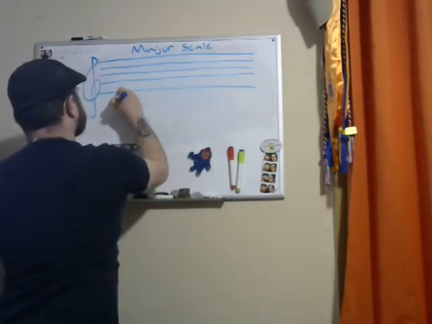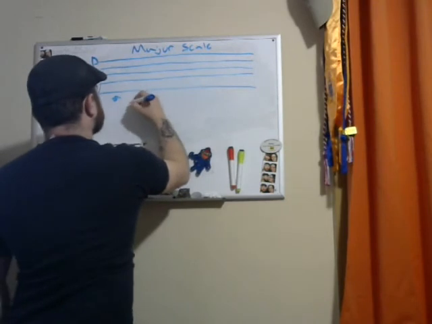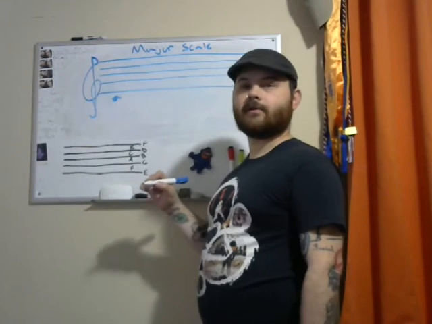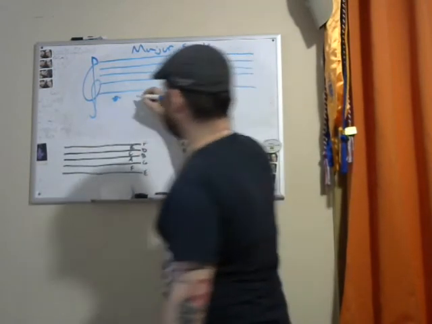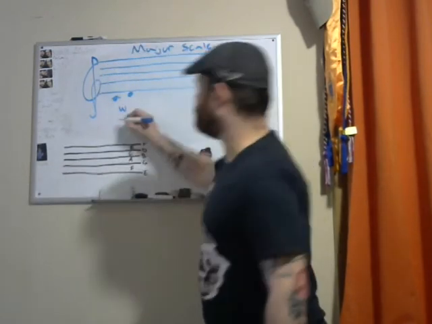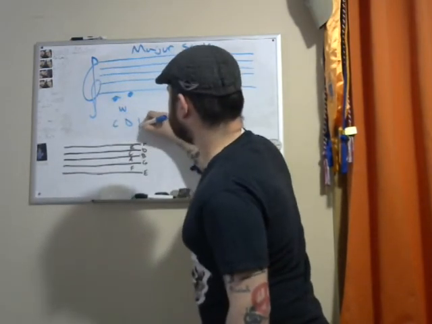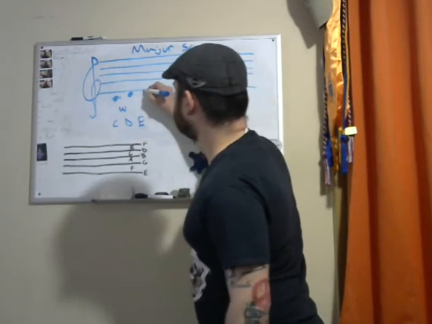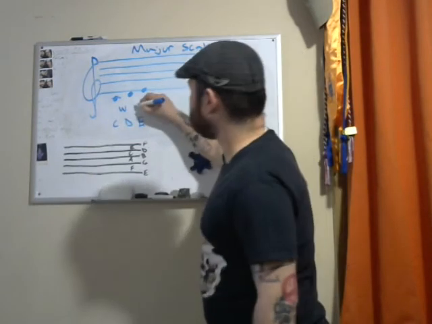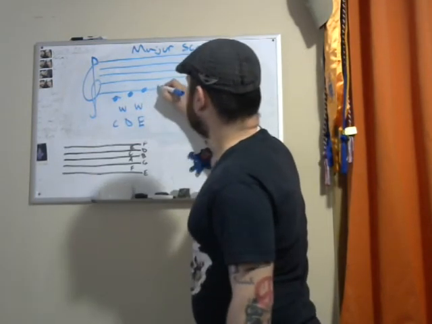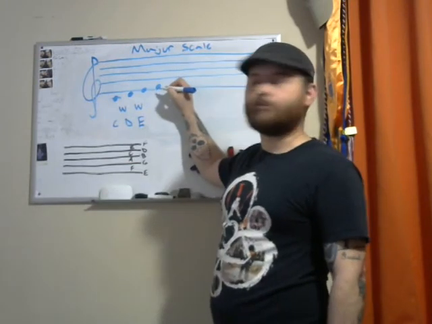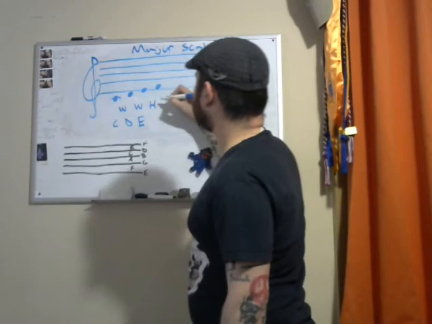So we start on C, and remember C to D is a whole step. And remember we go by letter name. So the next one's going to be some kind of E. And D to E was a whole step. And then E to F, remember E to F are right next to each other on the keyboard. So that's a half step.